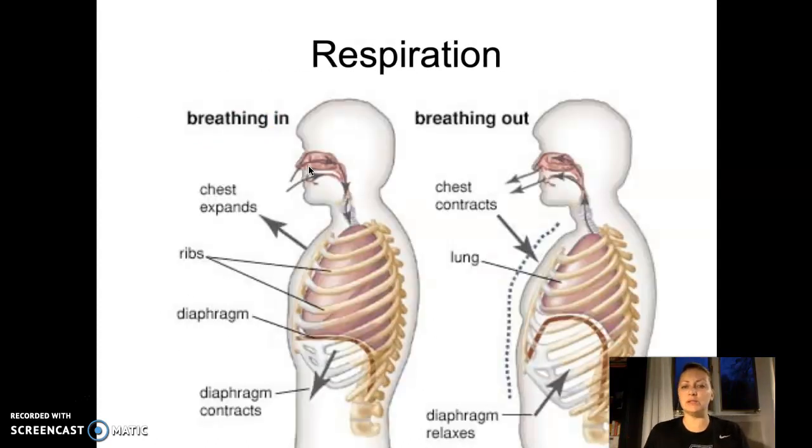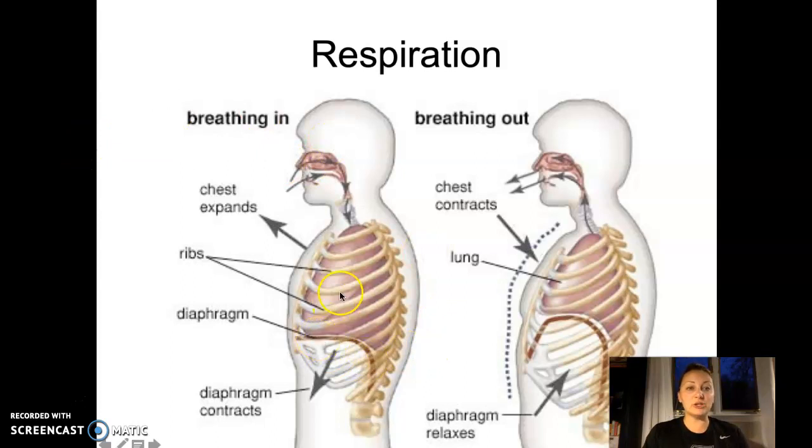We won't get much into the changes in atmospheric pressure, but it does have to do with the pressure inside your lungs compared to the pressure outside in the environment that automatically causes your lungs to inflate and deflate, and you don't have to think about it.